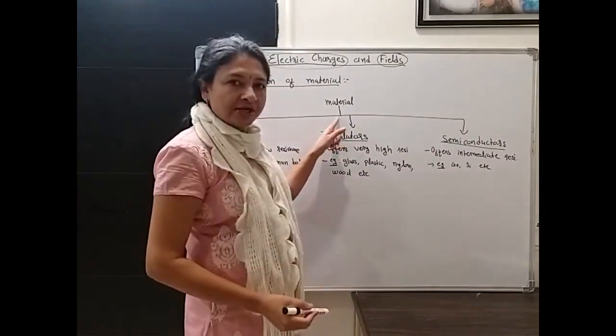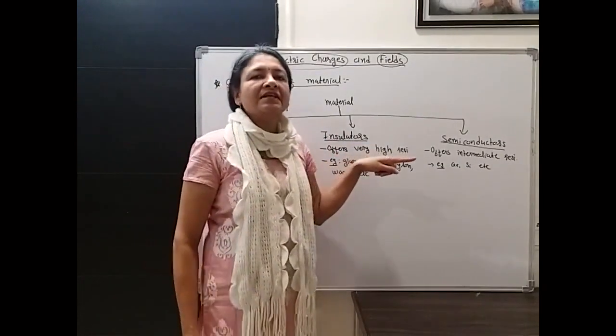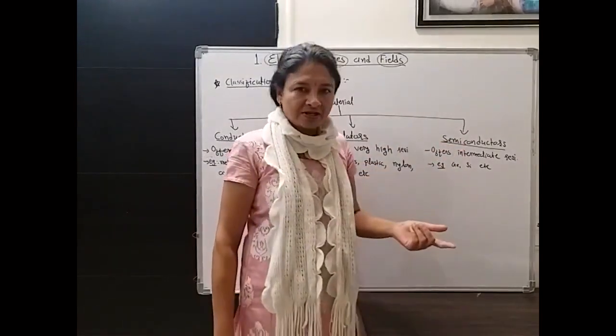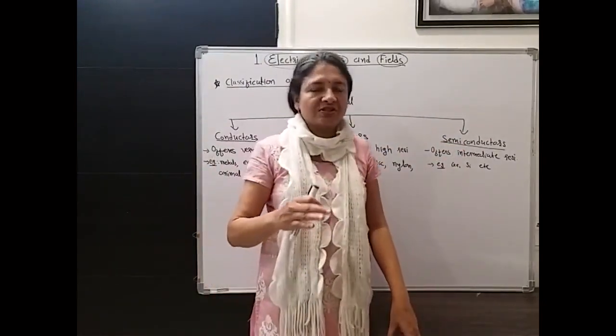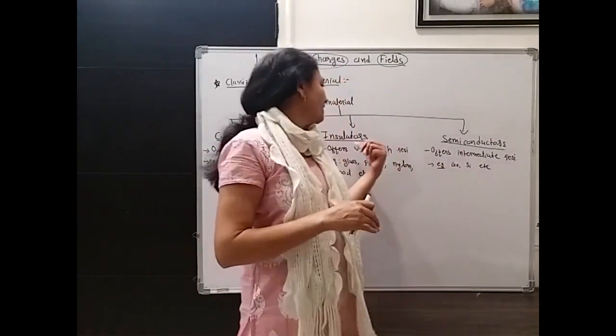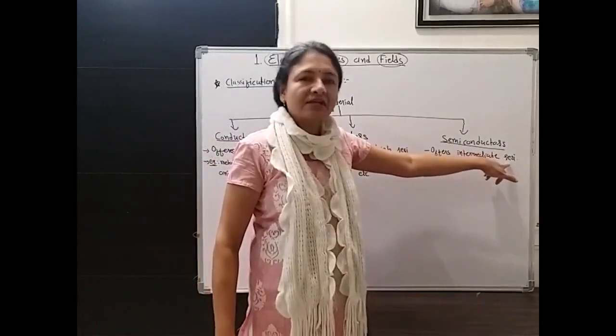While insulators offer very high resistance, so electricity cannot pass through them. And semiconductors are materials which offer resistance greater than that of a conductor but lower than that of an insulator. That means they offer intermediate resistance.